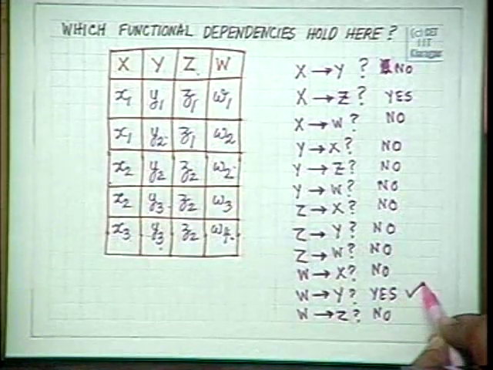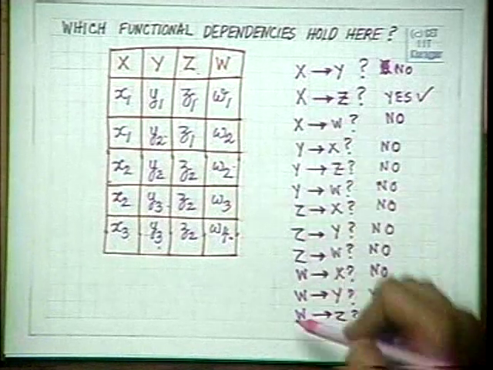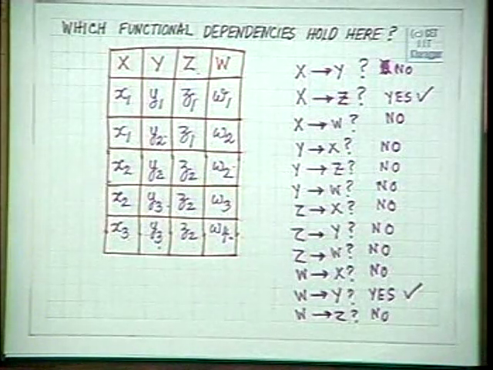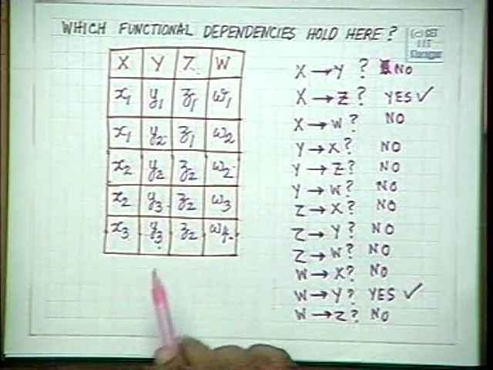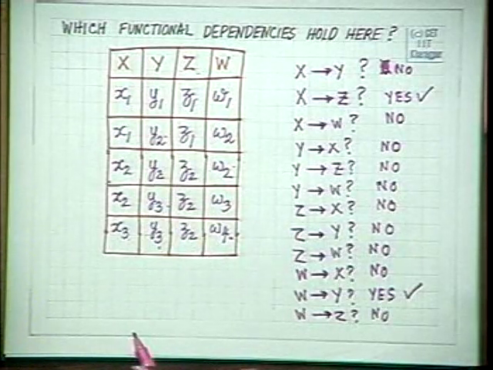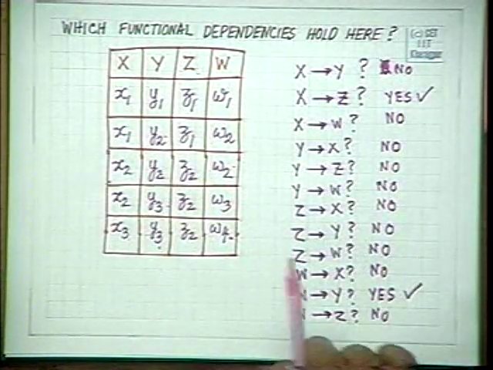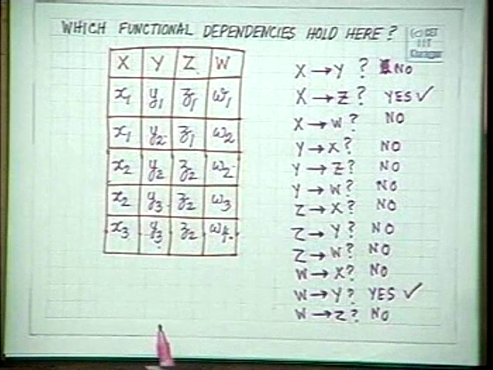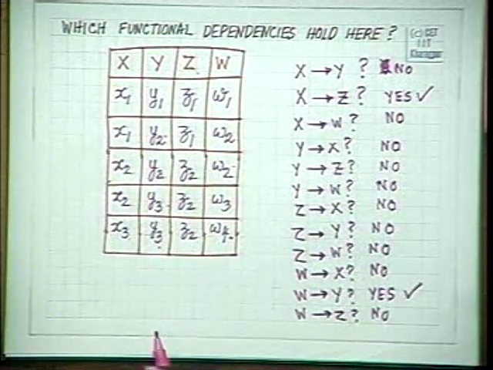So when we look at single elements, we have only two which hold. But when we look at them together, do we get anything else? Does x and y give anything?